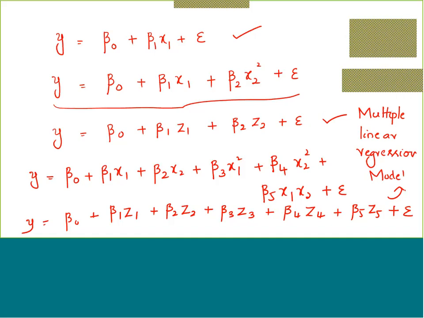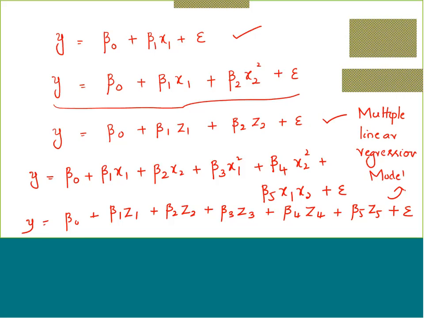So what we have understood so far: earlier we studied a simple linear regression model. After that we studied a multiple linear regression model. Now we are studying a generalized linear model. So what is a generalized linear model?